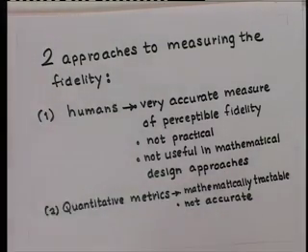Now a middle ground would be to find a mathematical model for human perception and then transform both the source output and the reconstructed output to this perceptual space and then measure the difference between the two in this perceptual space.